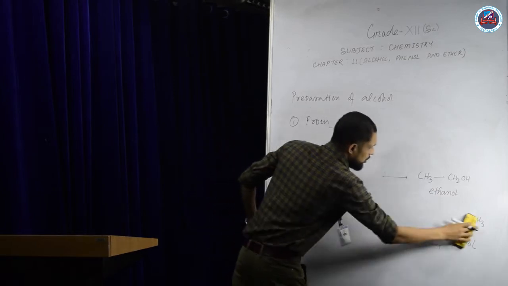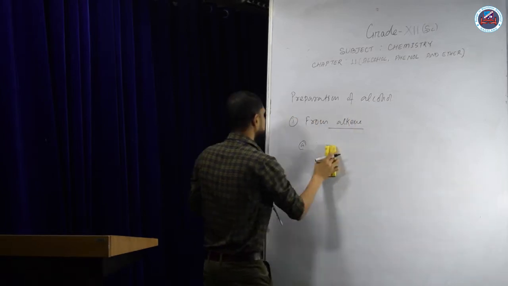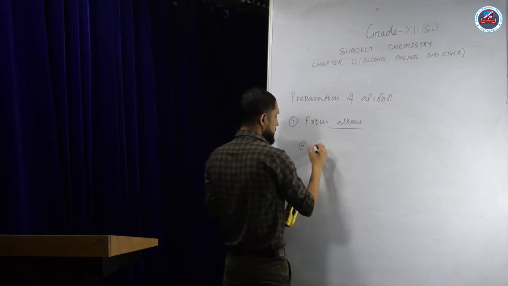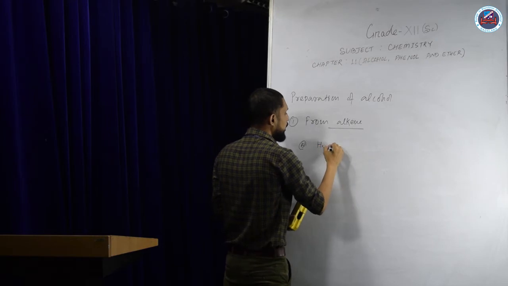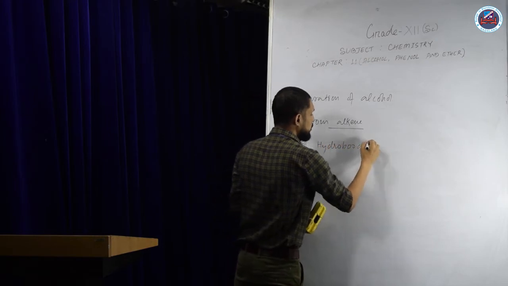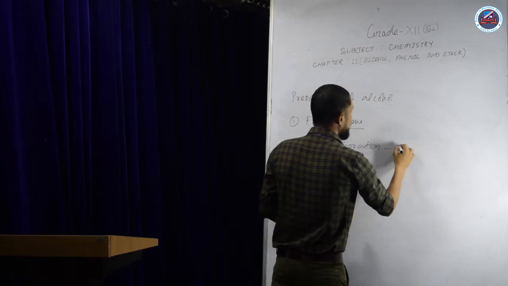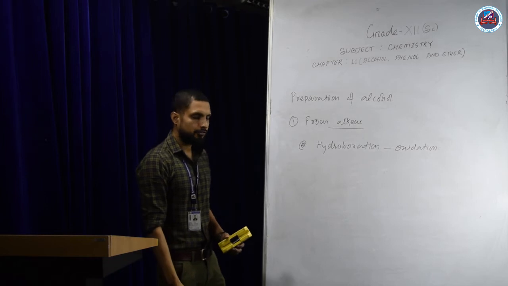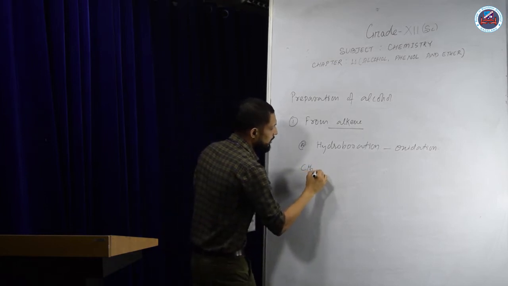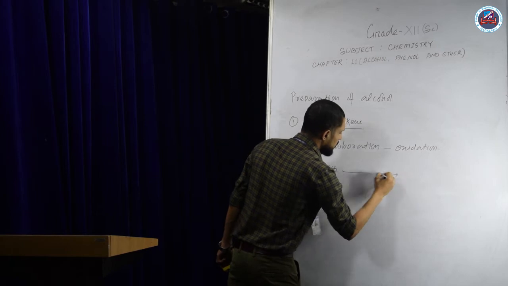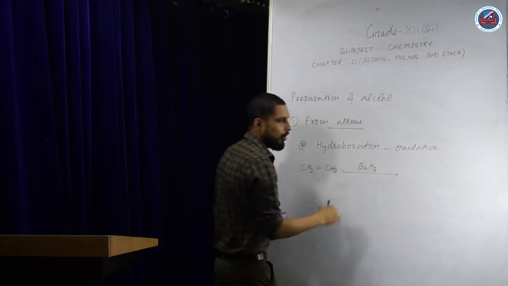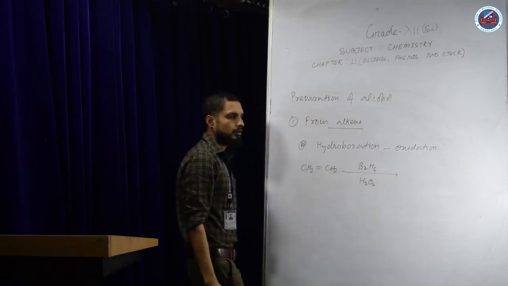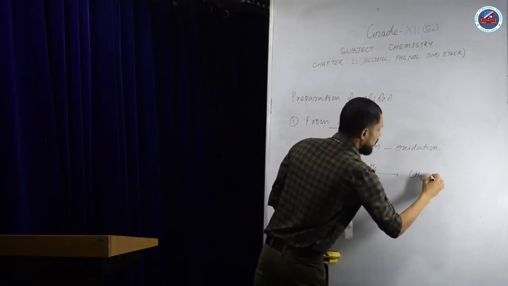Next, let us see another method from which we can prepare alcohol using alkene. The name of the method is hydroboration oxidation method. So in this process, the alkene is treated with boron in presence of hydrogen peroxide to give alcohol.